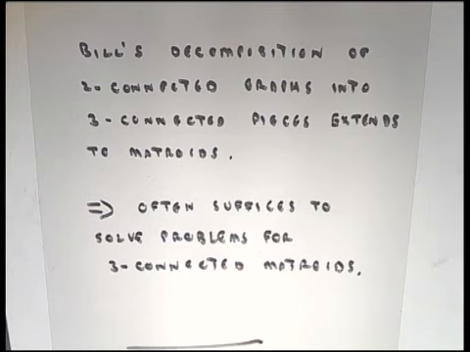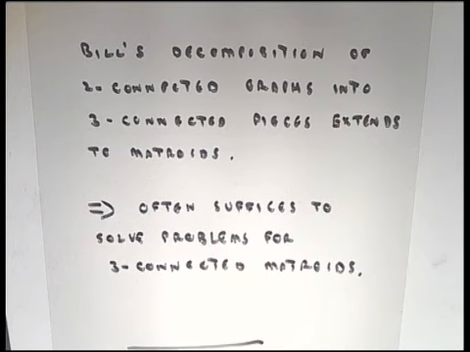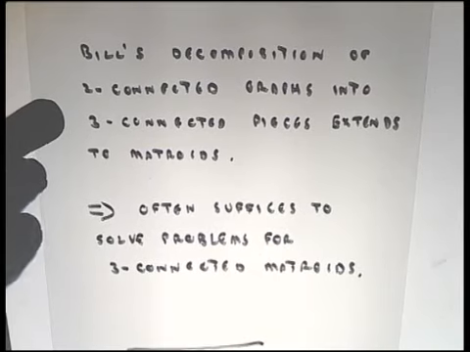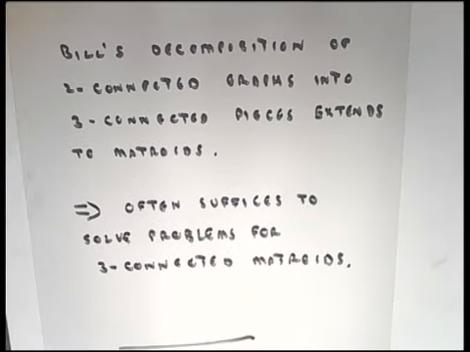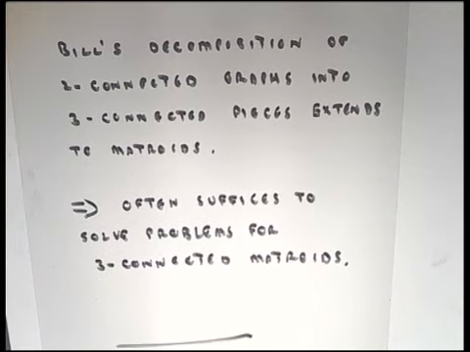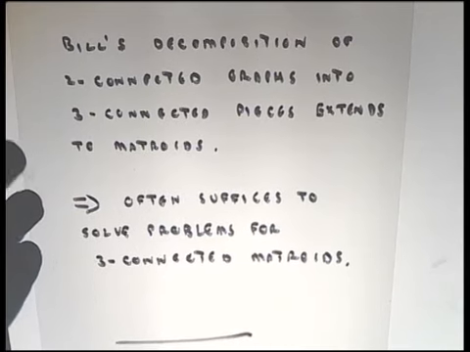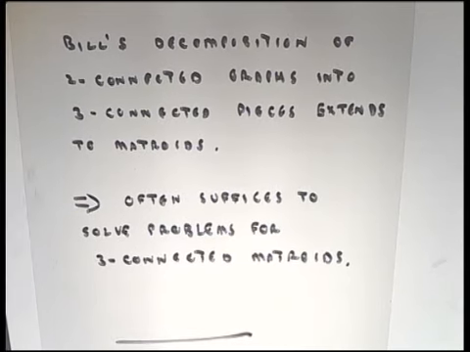That decomposition extends to matroids, and that was done by Bill Cunningham. The original decomposition was done by Bill Tutte, and Bill Jackson talked about it, and it was extended to matroids by Bill Cunningham. But if Jack Edmonds were here, he'd kill me because I mentioned his name before Jackson.